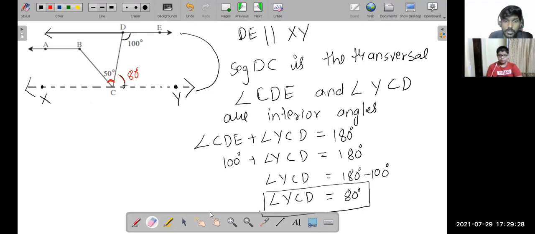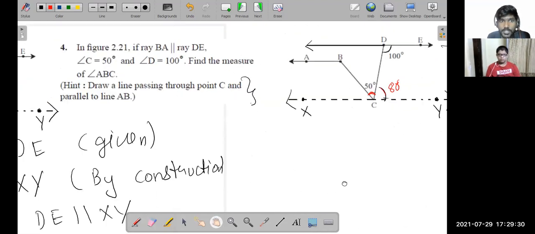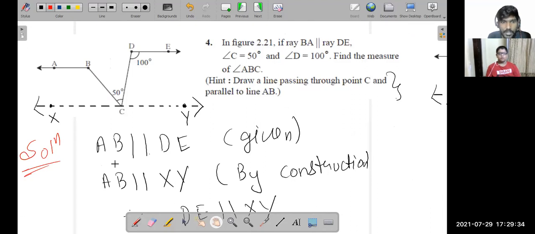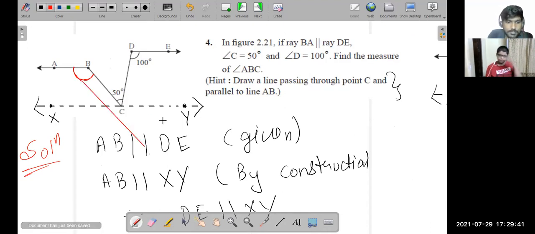Also, don't forget the question. What is asked? We have to find out angle ABC. That means this angle, we have to find this one. Angle ABC. So don't forget that.